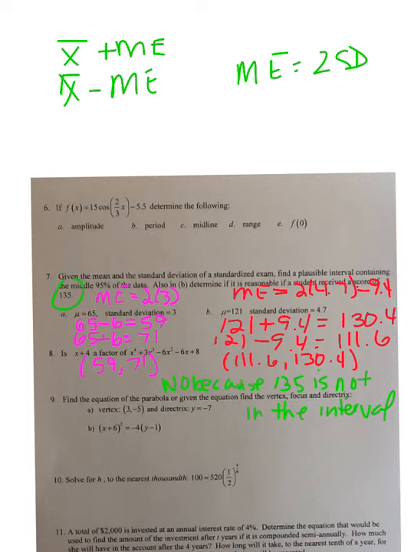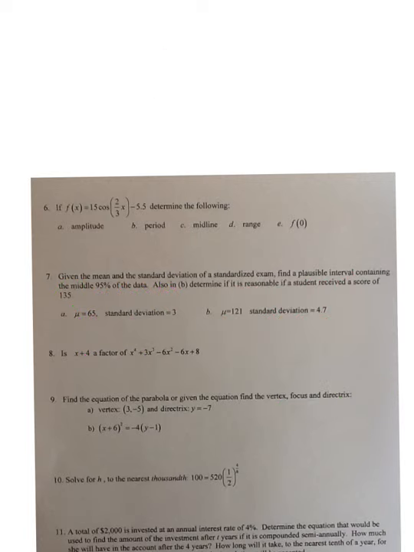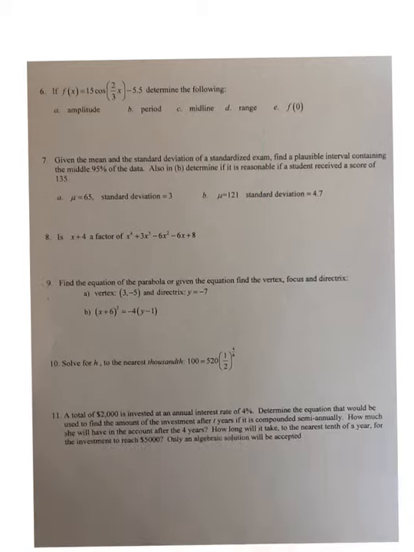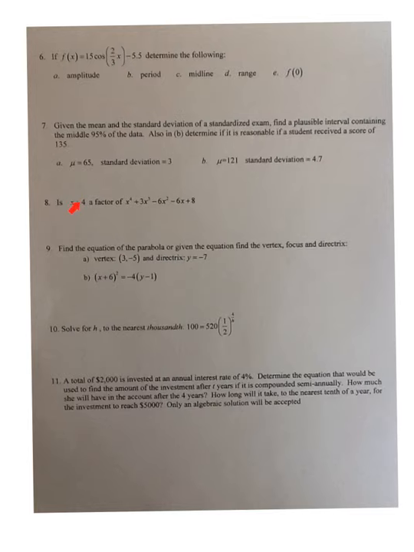Let me clean this up here. All right, so number 8 says, is x plus 4 a factor of this? All right, so if it is a factor, right, think about when we factor something. When we factor something at the end, we do our t-chart, and we would write x is equal to negative 4. And what that means is when we do f of negative 4, I should get 0 as an answer.